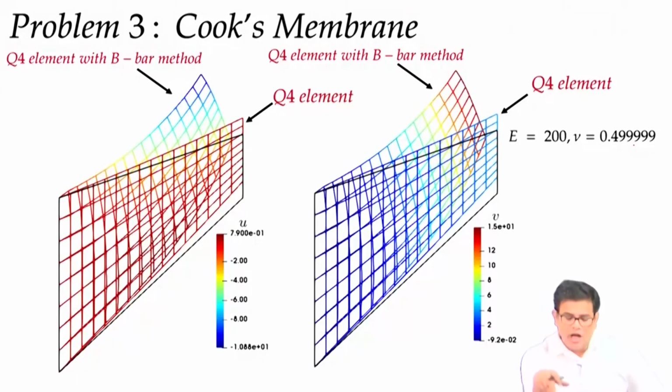So to solve incompressible elasticity problems, it is not possible with the standard finite element. You need some modification of the standard finite element so that you can solve incompressible problems effectively.